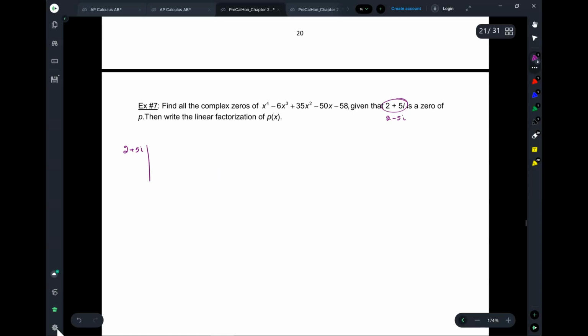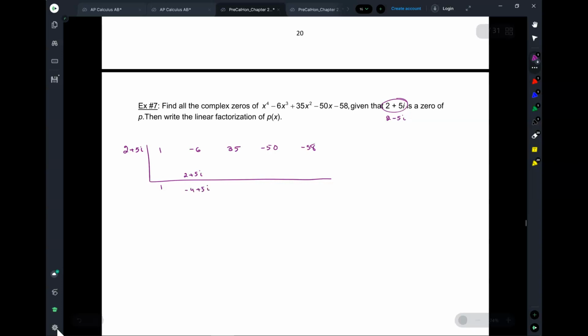Leave some space here when you're doing this. So I have 1, negative 6, 35, negative 50, negative 58. Okay, 1 comes down. 2 plus 5i, right? Okay, add these, negative 4 plus 5i.